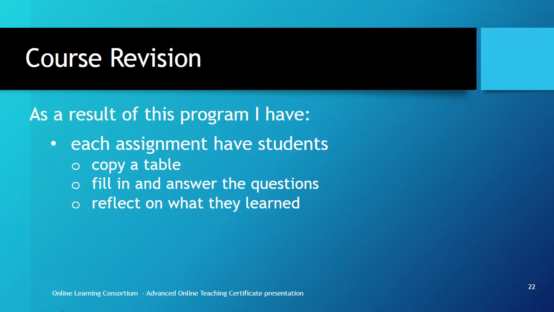The next thing I created as a result of being in the program was a table that is on each assignment.